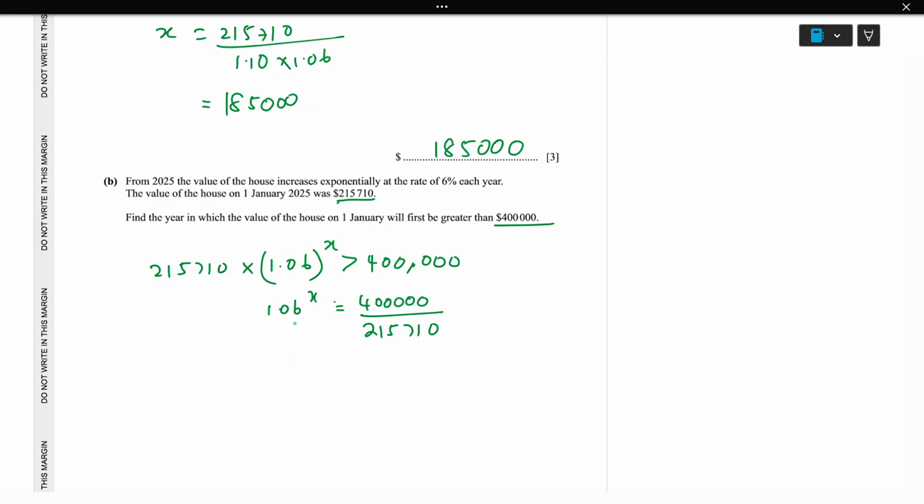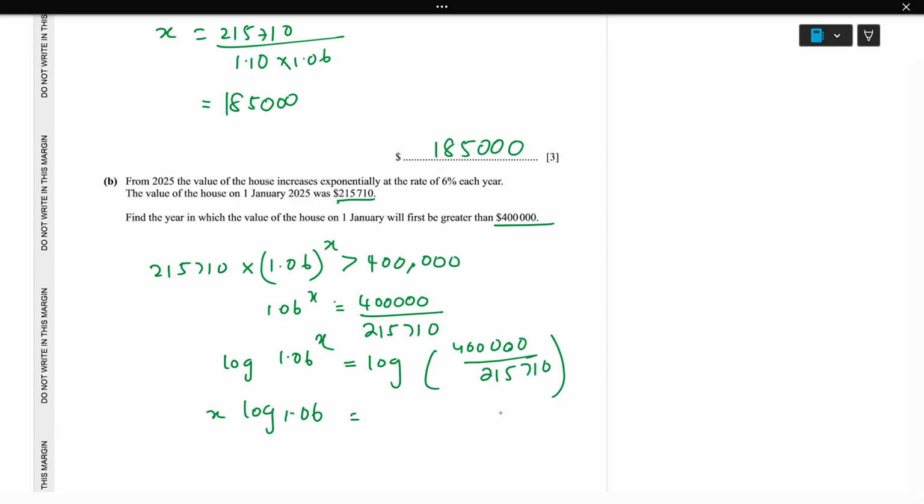215,710. So take log on both sides. x log 1.06 equals log of 400,000 over 215,710. So we can write x log 1.06 equal to the entire right side.